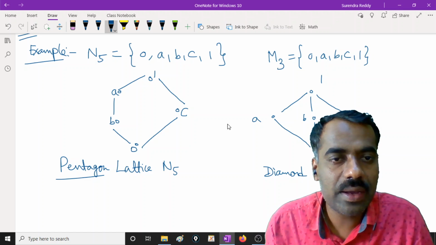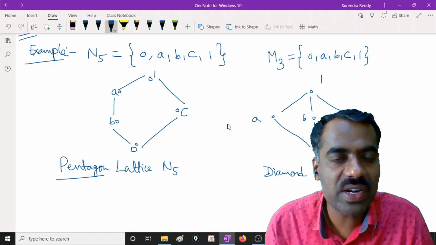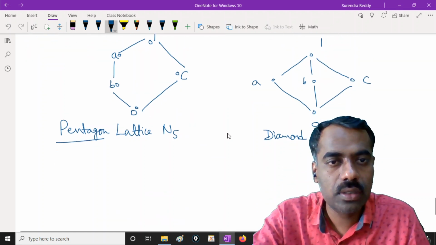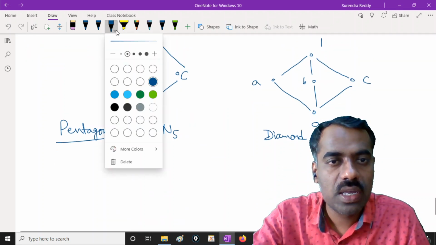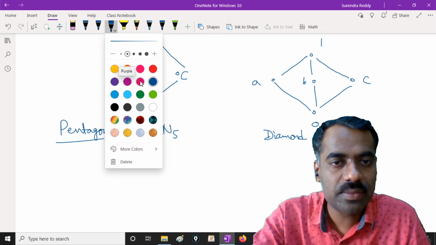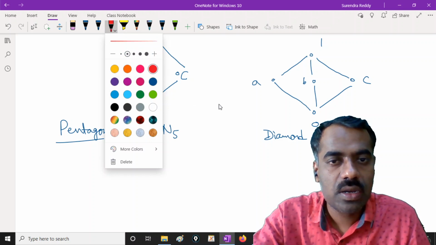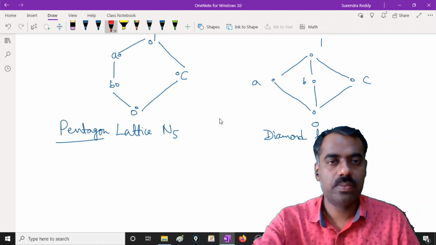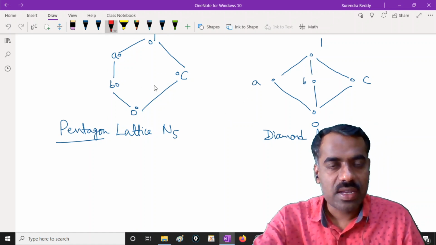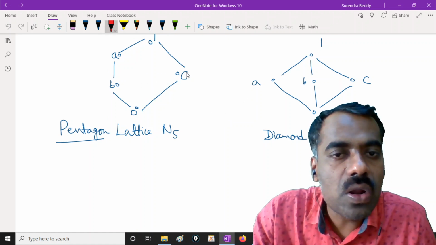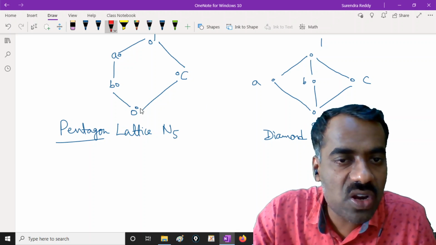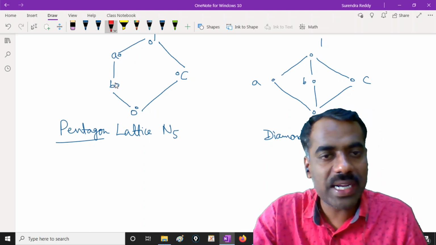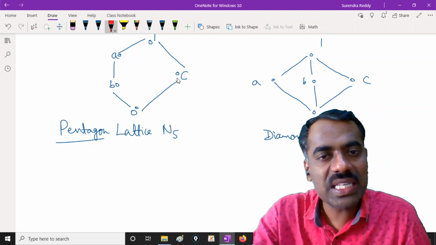What is meant by meet of two elements? A meet c is 0. Why? It is the greatest lower bound you require. For c, what is the lower bound? For a, the lower bound is b, but b is not a lower bound for c.